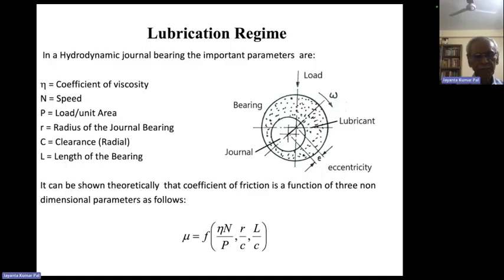Eta N by p is often termed the bearing characteristics number, and we'll see later why. r by c is the non-dimensional radius of the bearing, and L by c is the non-dimensional length of the bearing. Among these three, the first parameter, eta N by p, is the important one.